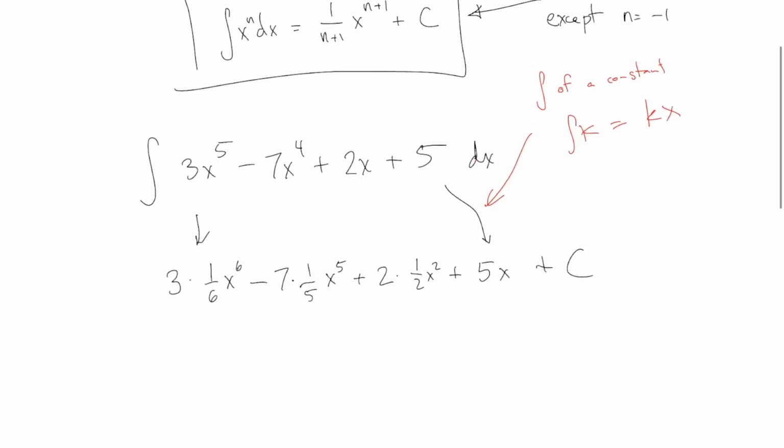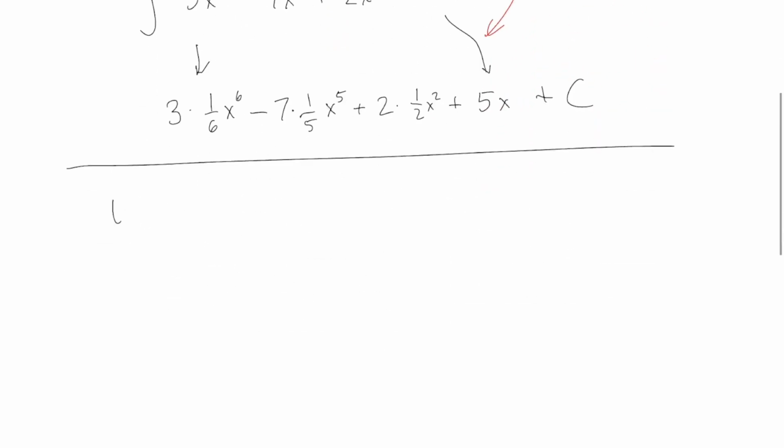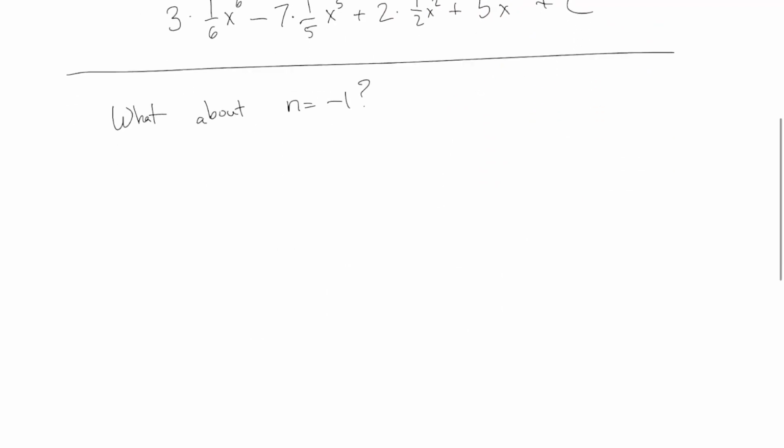So let's talk about n equals -1, all right? There is a special rule for this. This is because you can't do 1 over n plus 1 times x to the n plus 1. This is how you would usually do the antiderivative.